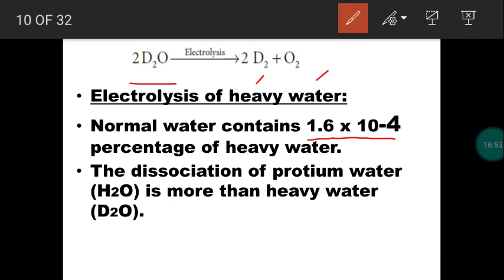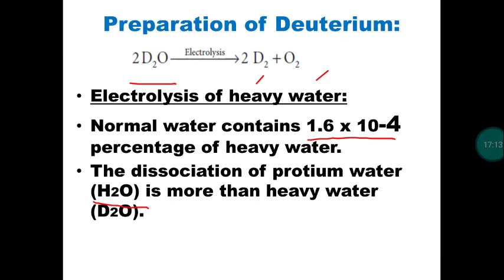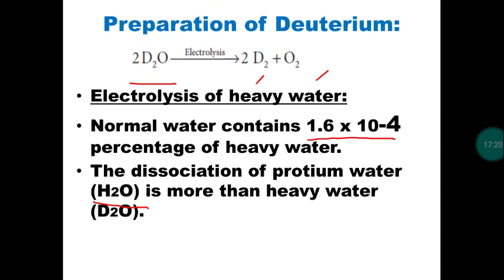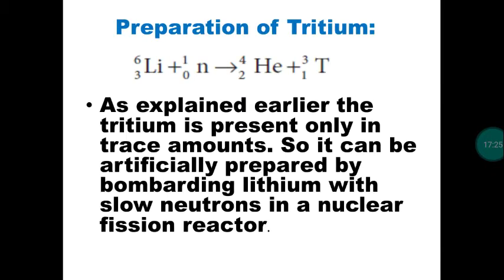Since only 1.6 into 10 power minus 4 percentage heavy water is there, until getting heavy water, we do electrolysis. During the electrolysis, first ordinary water undergoes dissociation to produce hydrogen and oxygen. So continuously we do electrolysis until getting heavy water. Finally, heavy water is also dissociated to produce deuterium as well as oxygen. So this is the method of preparing deuterium.